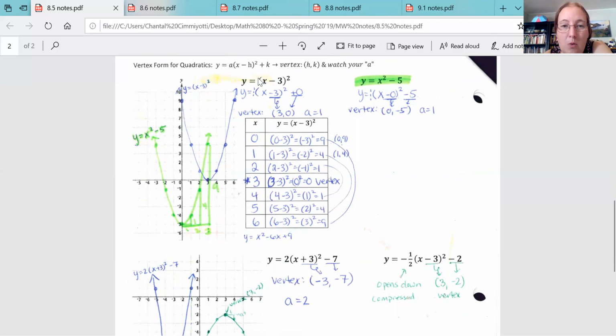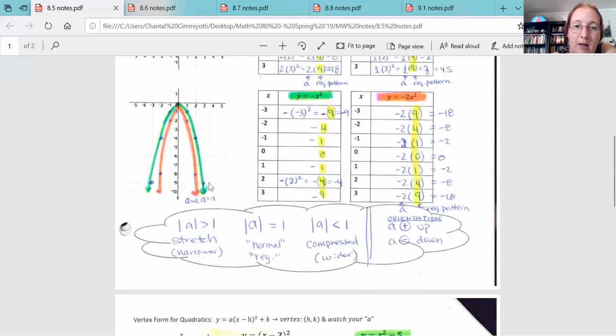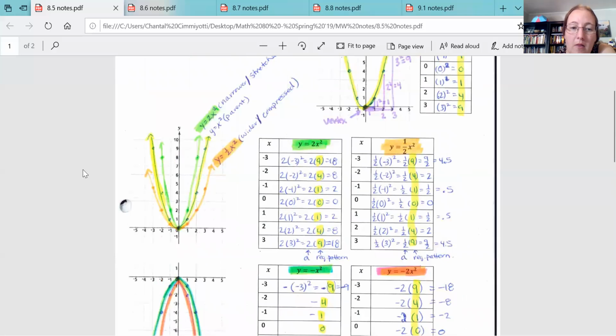The A is an invisible 1 here, so it's going to have the same pattern, the same shape as before. And let me talk about that shape again a little bit more back up here. We talked about how 2 is just twice as high, but how do we get the parent? The parent is just you squaring. So if you go over 1 from the vertex, then you're going to square 1 and get 1.